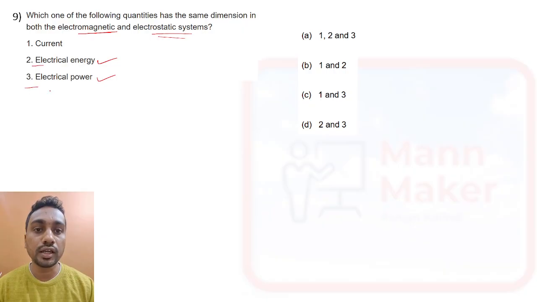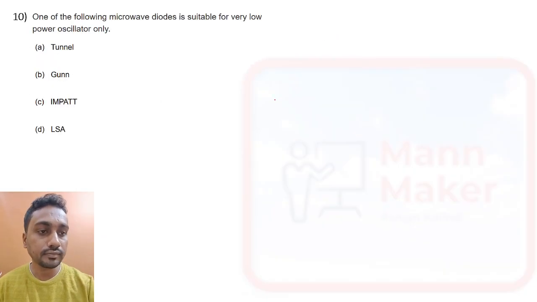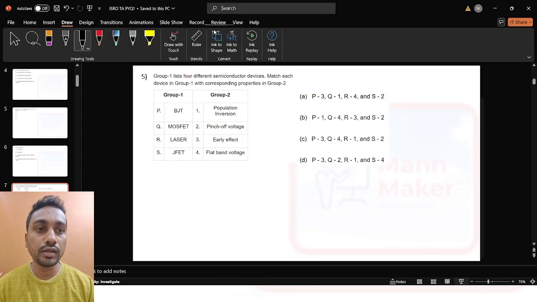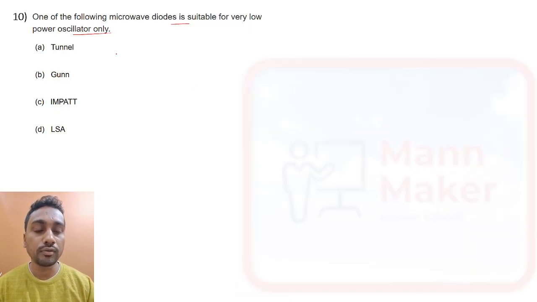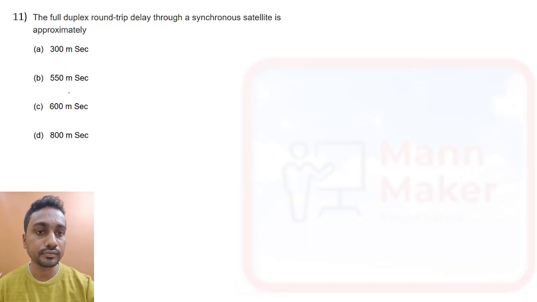So 2 and 3 are correct, means option D is correct. Okay. Now, which of the following microwave diodes is suitable for very low power oscillators only? The one diode we use in microwave for low power oscillation is the tunnel diode. Option A is the right answer.